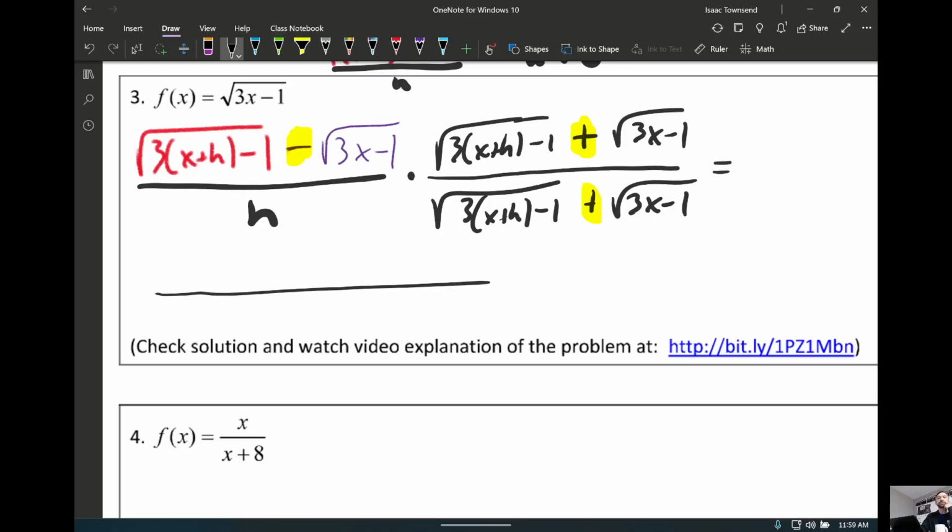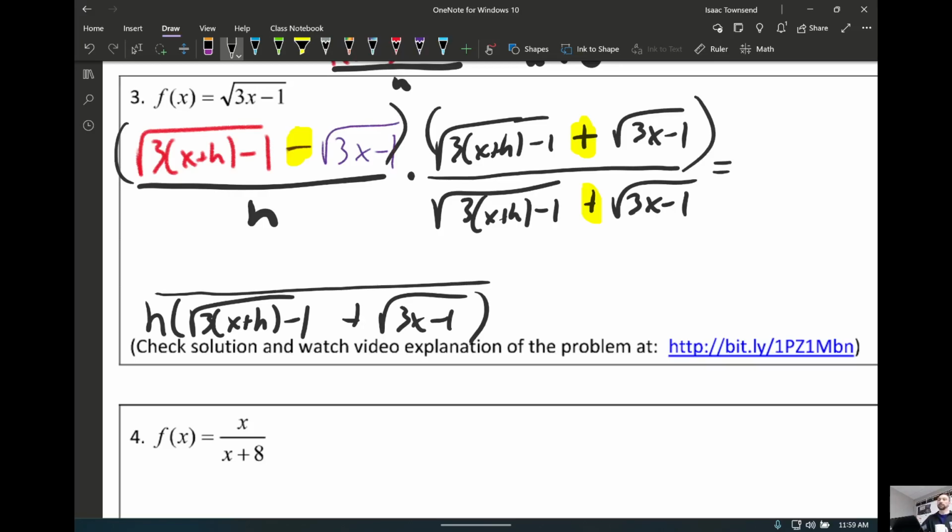If I multiply these two fractions together, denominator times the denominator, I'm just going to leave it h times this stuff. But the numerators, the numerator times the numerator, is going to simplify a lot. I know that because I'm multiplying it by its conjugate. That's the whole reason conjugates are important in math, is that it makes it simplify out nicely.